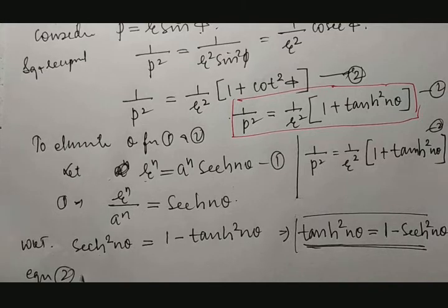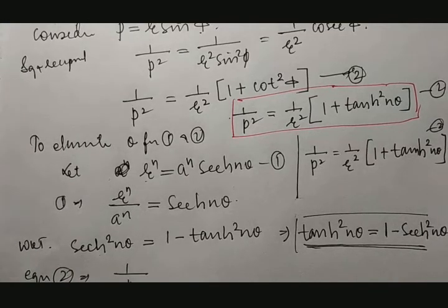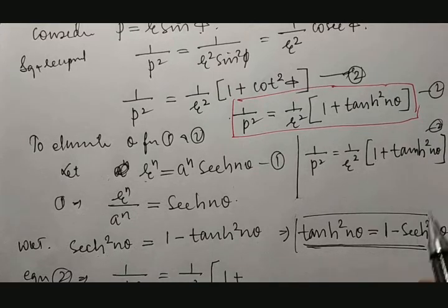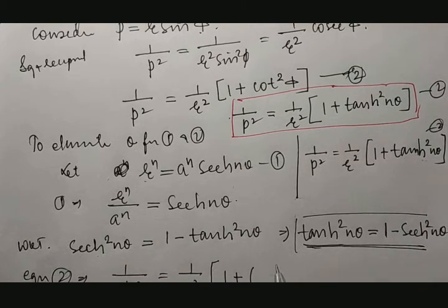Equation number 2 becomes 1 divided by p square is equal to 1 divided by r square into bracket 1 plus this result. What is this? Tanh square n theta, that is nothing but 1 minus sech square n theta.